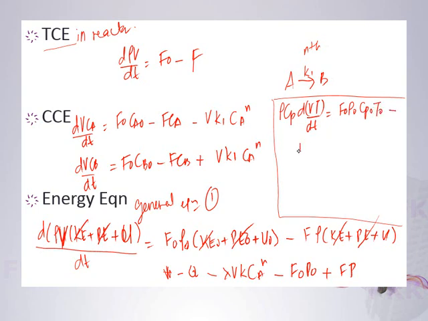Minus F rho CP T, plus minus UA (T minus TJ), right? Okay, minus lambda V K C A N. So from here to there, you must know how to do this. So this is the energy balance in the reactor.